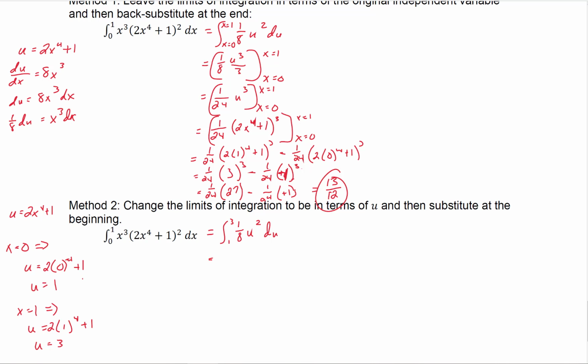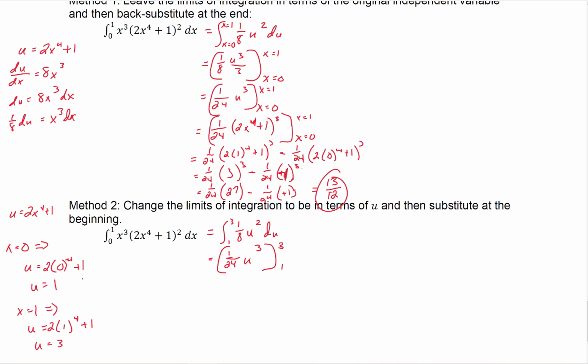So this becomes 1/24 u to the third power. Exact same integral, so same work that we did before to get there. But the only difference now is this is evaluated from u equaling 1 to u equaling 3.